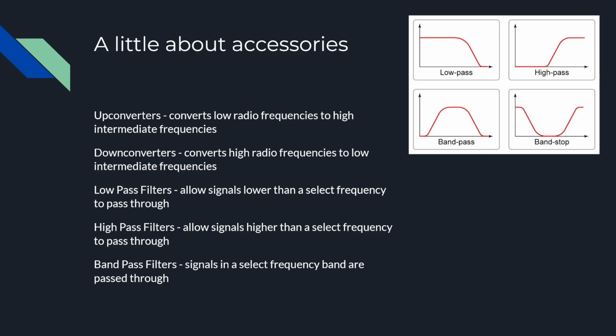Going more into the accessories, upconverters and downconverters are what's going to allow you to utilize, like, the RTL-SDRs to listen to things like Wi-Fi frequencies. Not very well, because of bandwidth issues, but upconverters and downconverters will do things like converting low radio frequencies to higher intermediate frequencies for the SDR to interpret, or, for downconverters, converting high radio frequencies to low intermediate frequencies.